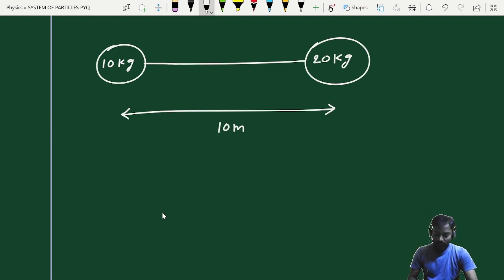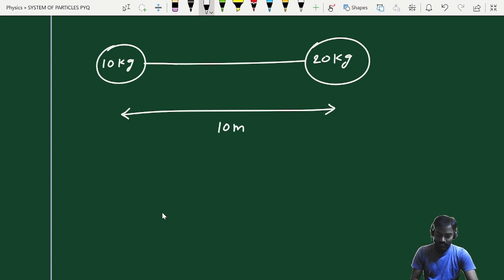See here, one thing you have to understand, that the center of mass is close to the big body, or you can say the body which is having more mass, which is 20 kg in this question.